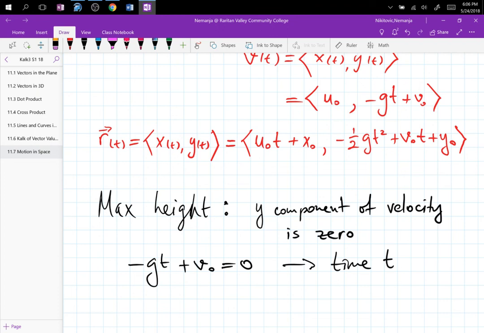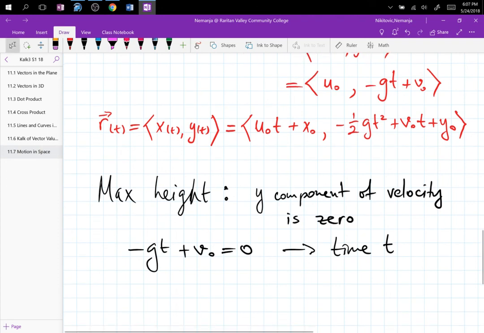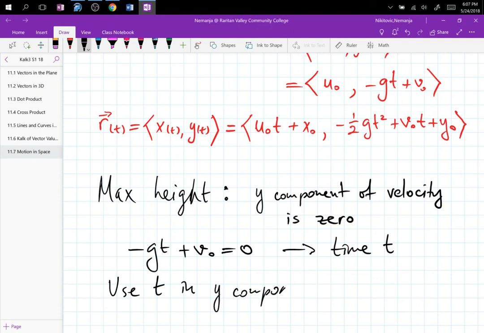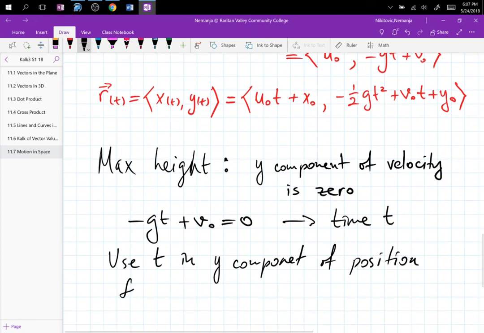And then you use the y component of the position function, which is your r of t, to figure out the height. So now use t in the y component of the position function to find max height.